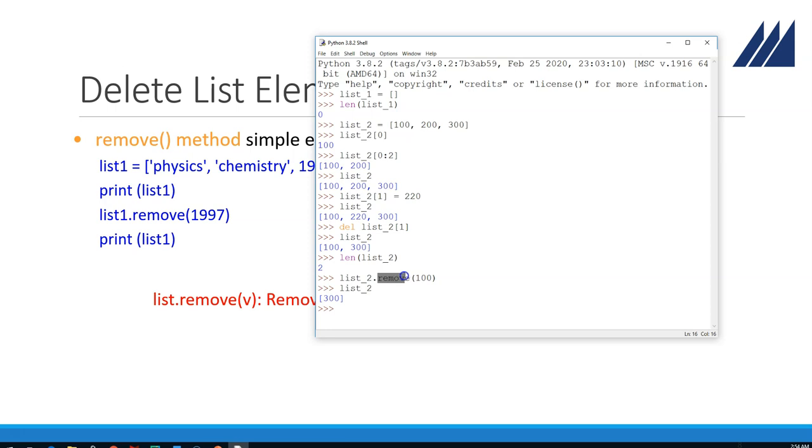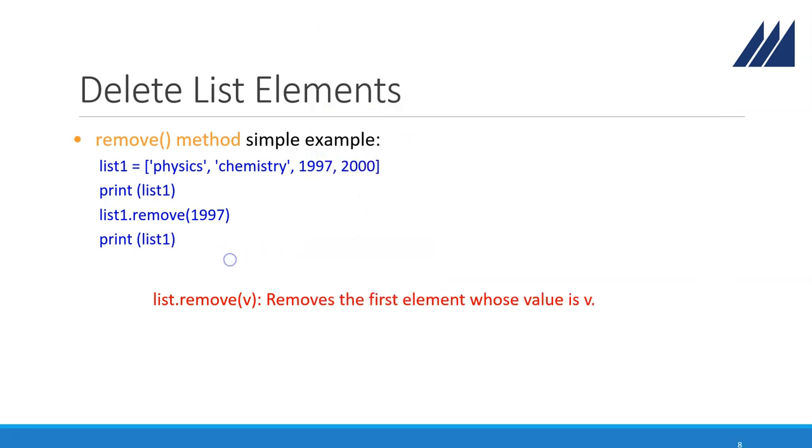However, when I use remove, I probably didn't know the index of the item I want to delete. So remove will take the value of the item, go and find out what index it is located at, and take care of that. That's the difference between del and remove. It depends on the application, it depends on your program, which one you're going to use.